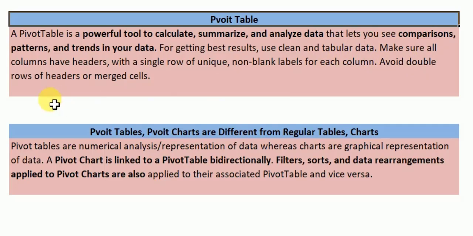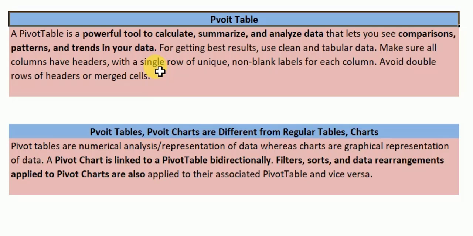Make sure all columns have headers with a single row of unique, non-blank labels for each column. Avoid double rows of headers or merged cells. These points have to be kept in mind while creating pivot tables to have effective pivot tables.